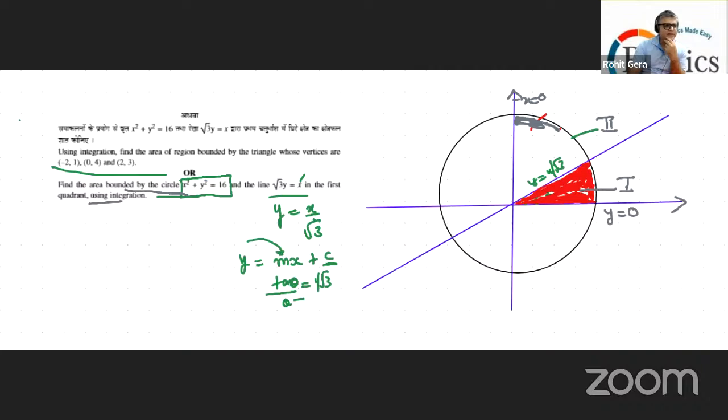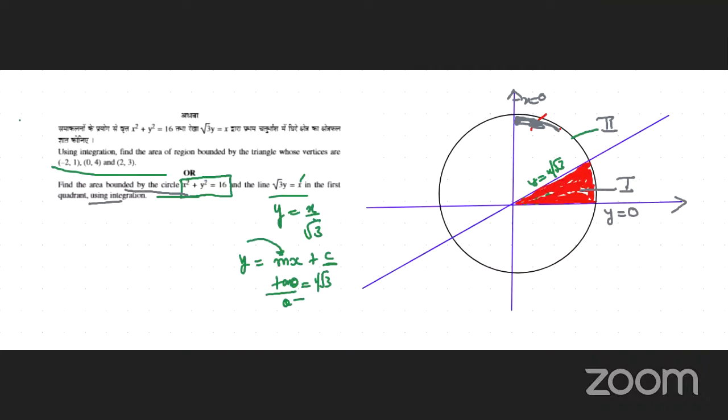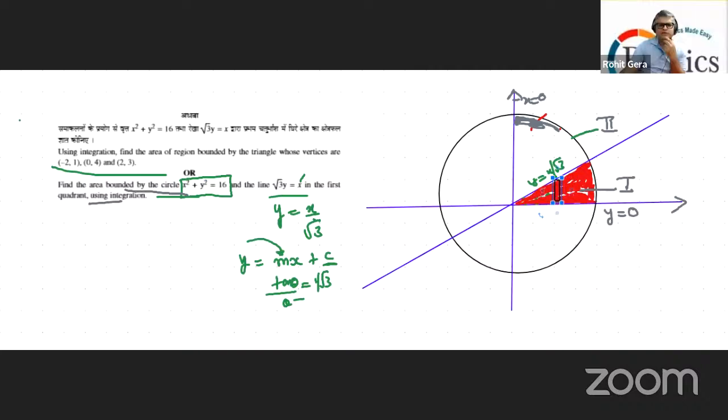Let's say I take a strip like this. This is the strip. Sorry, this arrow is not required. That elementary strip, right? This is what I'm drawing. So I take this strip.